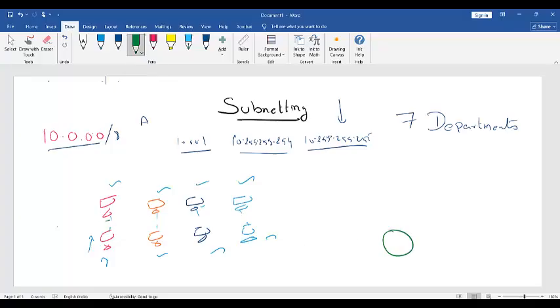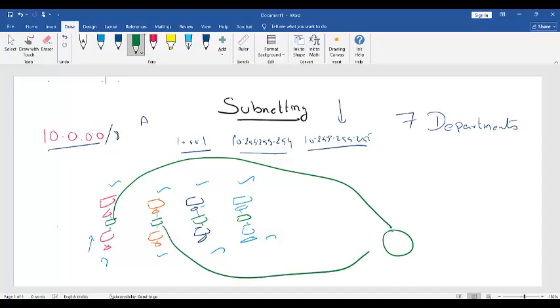For each department, you have a switch, and that switch will be connected to a different port of the router. And each port in the router, we learned, is a separate broadcast domain. We learned that if I have a 4 port router, I have 4 broadcast domains and 4 collision domains.